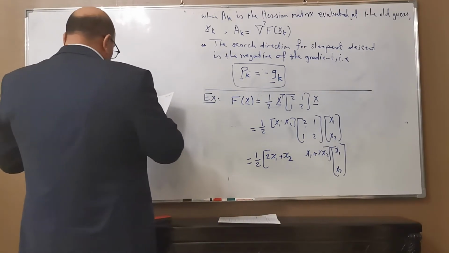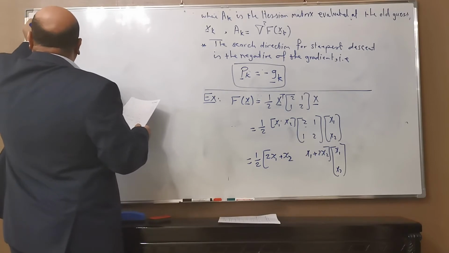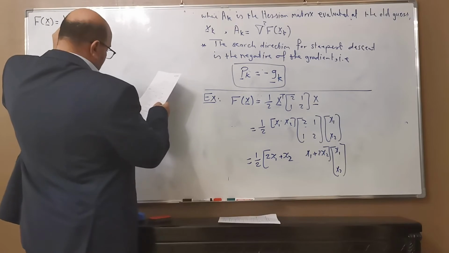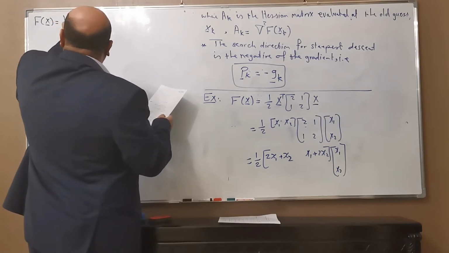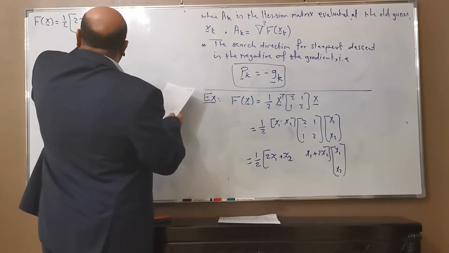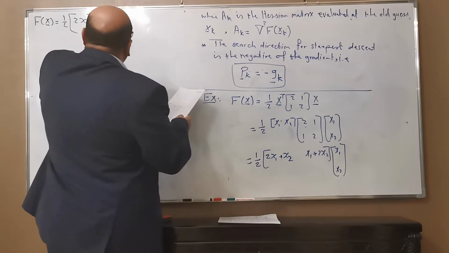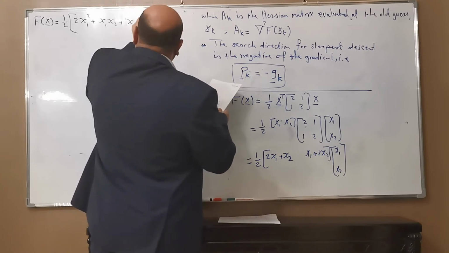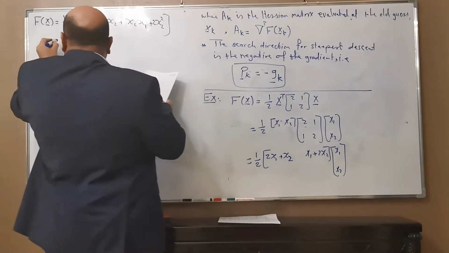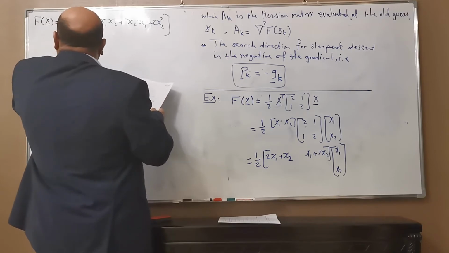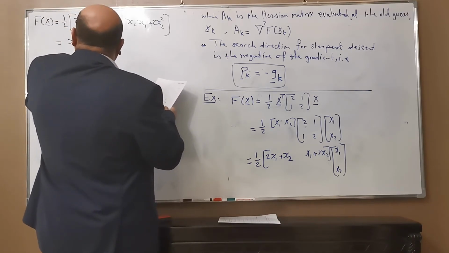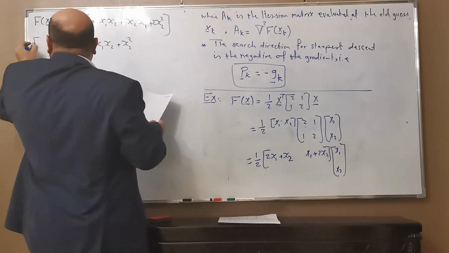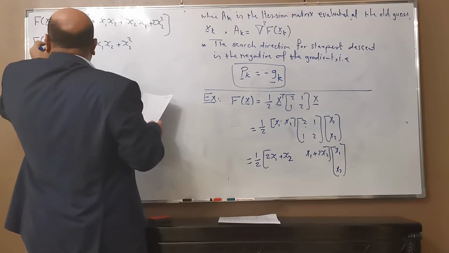So f of x equals 1/2 of 2x1 squared plus x1 x2 plus x2 x1 plus 2x2 squared, which equals x1 squared plus x1 x2 plus x2 squared. So this is our f of x1 and x2.